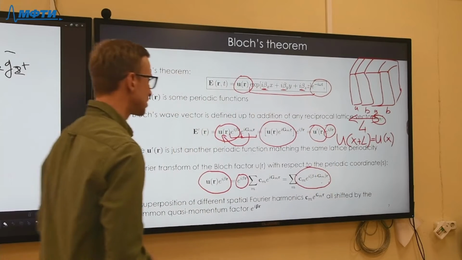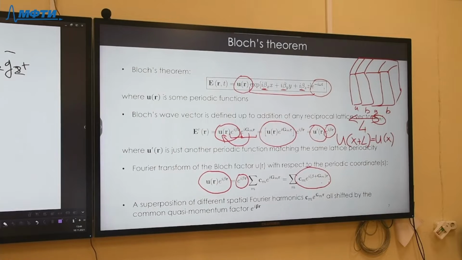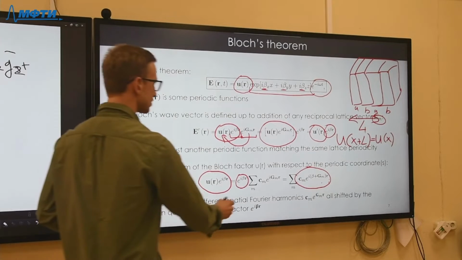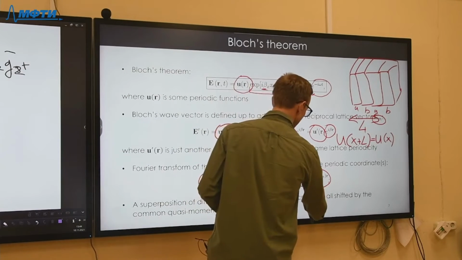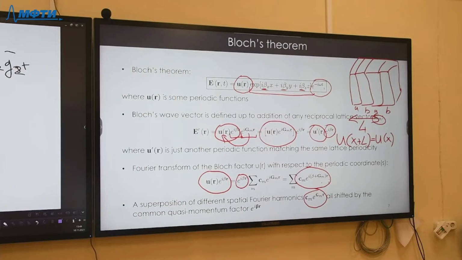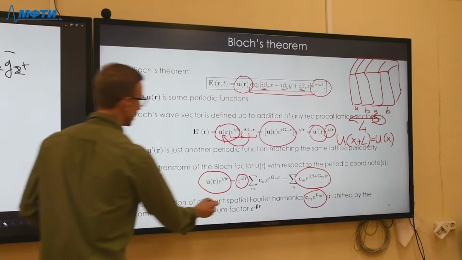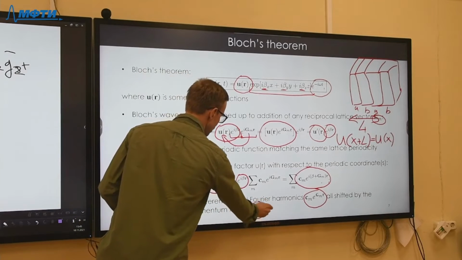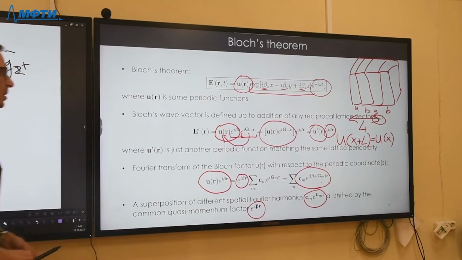And this is just a superposition of different spatial harmonics with different reciprocal lattice vectors. That's basically just different plane waves with different momentum, all shifted by the common scalar factor, which originates from the Bloch wave vector of our solution.